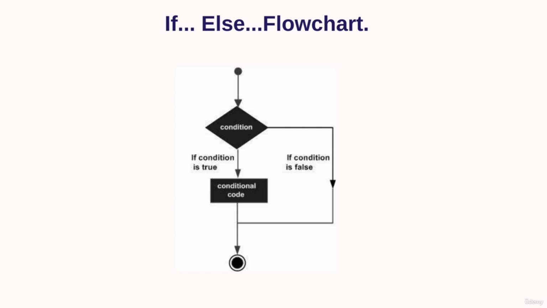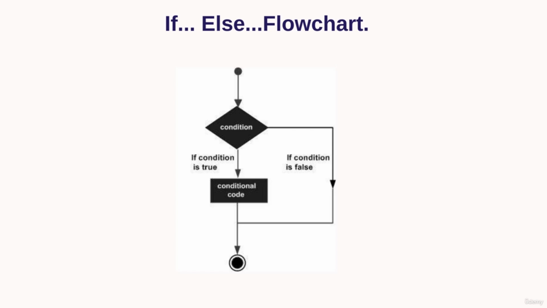When the code flow is happening, there will be a condition carried by the if keyword. If the condition is true, then only we will execute the conditional code. If it is false, we will skip that particular code, meaning it will not get executed.